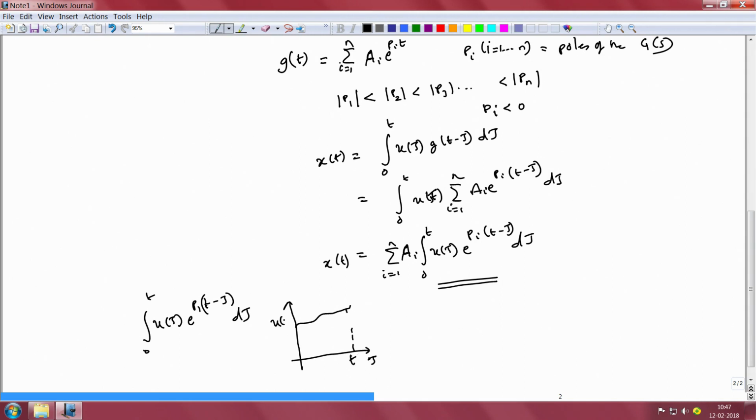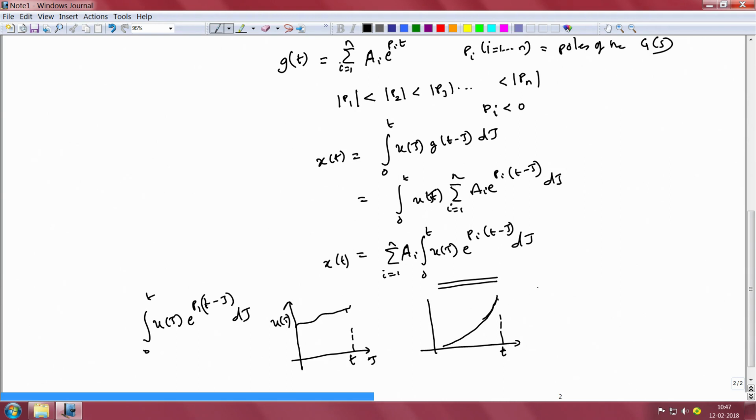So, this may be u of tau, and e to the power p1 times (t minus tau) would be an exponential function which would decay starting from the time tau equal to t in this particular manner.